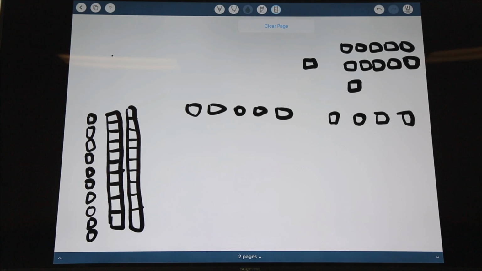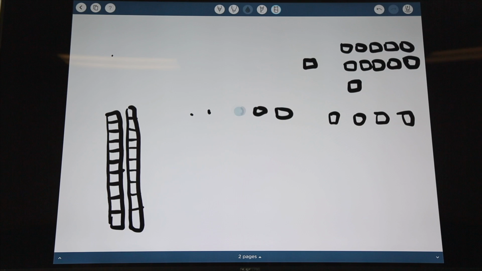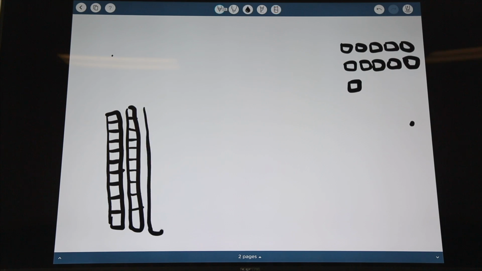This was the first setup. This cannot be erased. So then we count another 10, 1, 2, 3, 4, 5, 6, 7, 8, 9, 10. We could make another one, just organizing our rows, right?